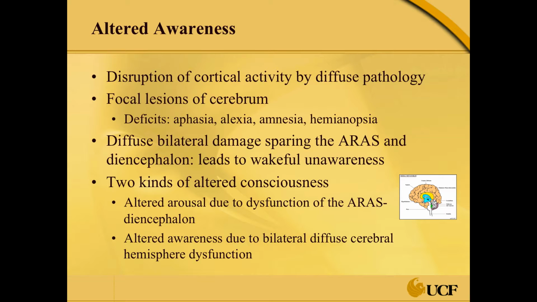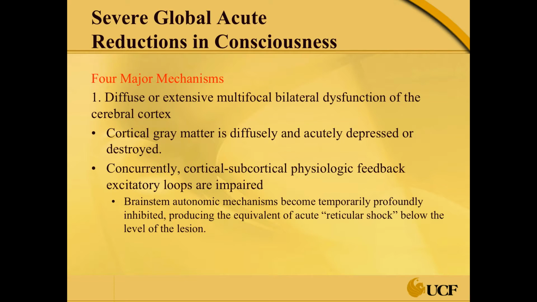All right, so there's this dysfunction that occurs that doesn't allow the cerebral hemispheres to correctly communicate with one another. And with severe global acute reductions in consciousness, there are 4 major mechanisms pathophysiologically that lead to this. 1, diffuse or extensive multifocal bilateral dysfunction of the cerebral cortex. So the cortical gray matter is diffusely and acutely depressed or even destroyed.